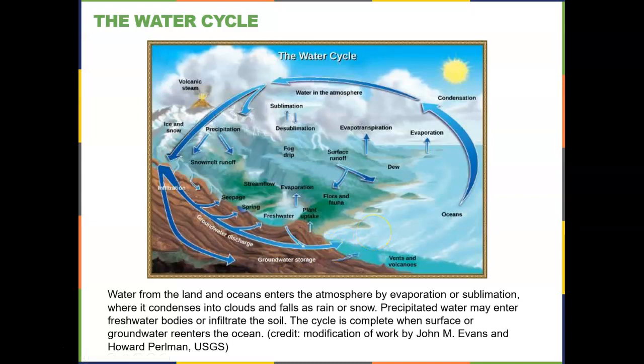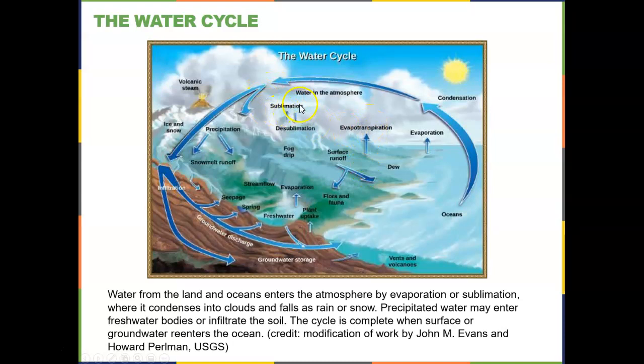Well, the movement is caused by sun energy or warming. So we see that there are different events which cause these water molecules to transition from the liquid or the solid form into the gaseous form. So we have terms like evaporation. Then we have evapotranspiration from living things like trees.